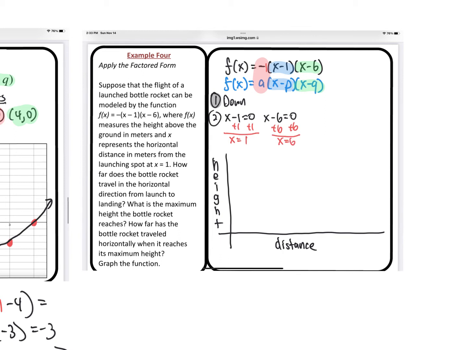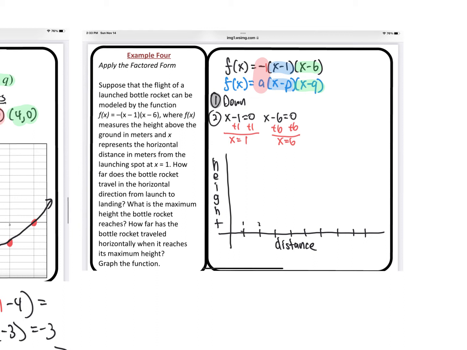Okay, so let's start the game plan for this problem. If those are x-intercepts, I know that I'm going to have to label the x-axis. And so I'm just putting some points here. And we're going to do this as 1.